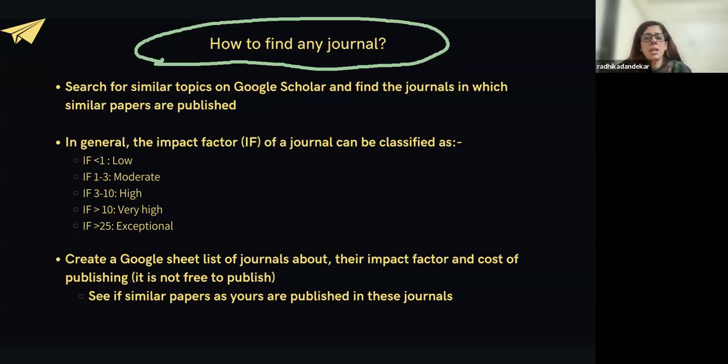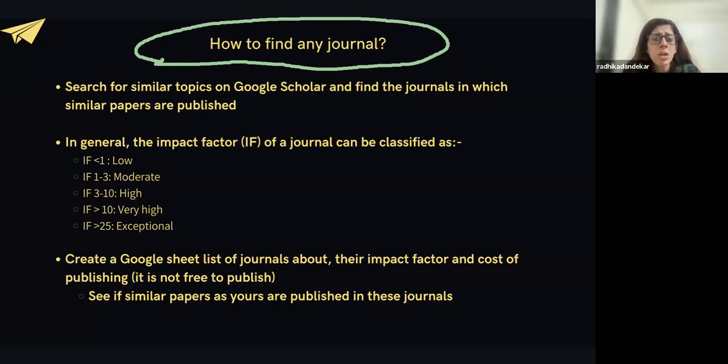Every journal has a cost of publication, and it's very important to note that this cost differs from journal to journal. So we encourage students to make an Excel sheet. In the first column, write the journal name. In the second column, write the impact factor of that journal, and in the third column, mention the cost of submitting.